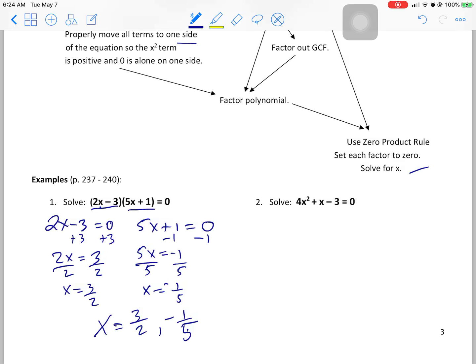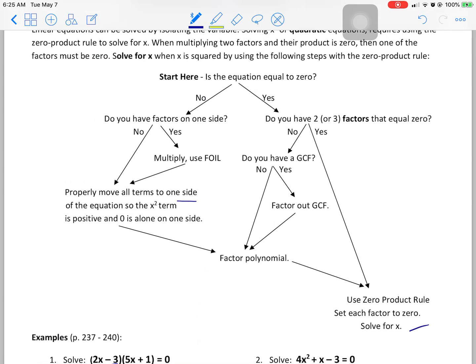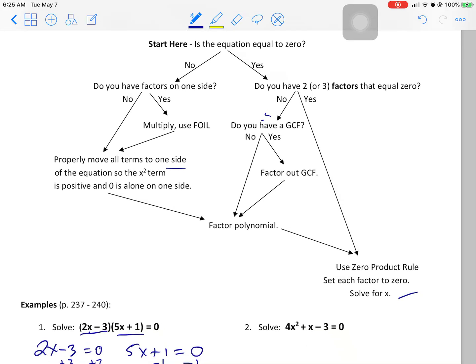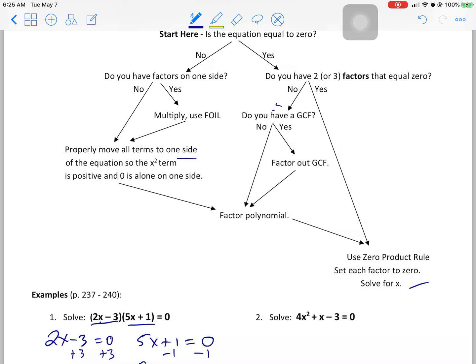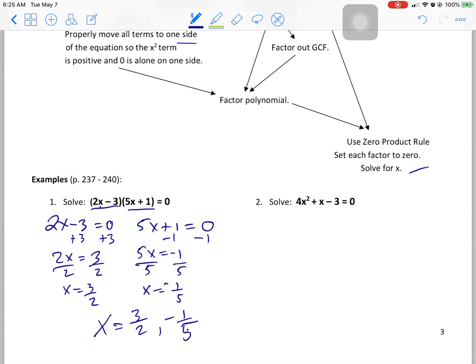It's a quadratic, so it's going to have 2 x's, okay? This one doesn't have factors on one side. It has terms. Is it equal to 0? Yes, it is. Do I have 2 or 3 factors? No, I don't. Do I have a GCF for that one? No, I don't. Then I'm ready to factor the polynomial, and then I use the product rule.